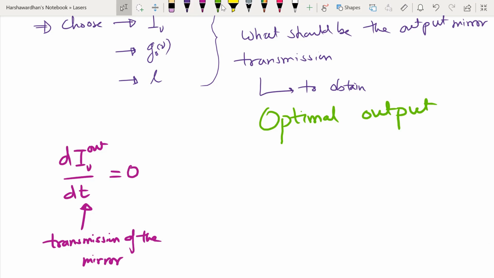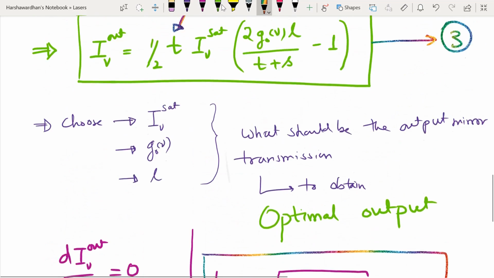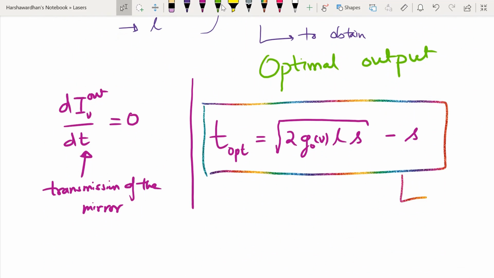And then I would request you to please do this exercise at home and you will get the following value for the T optimal. Once you set it to 0, you take T on one side and you see that the value of T optimal is twice G naught nu L times S, minus S. This is an important result and I'm calling it number 4.